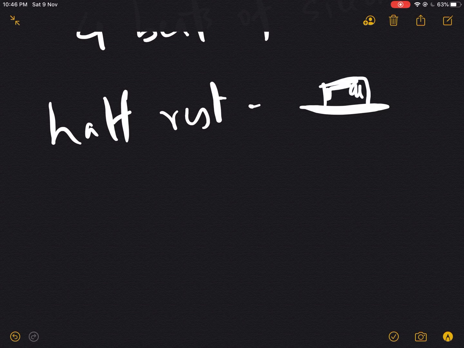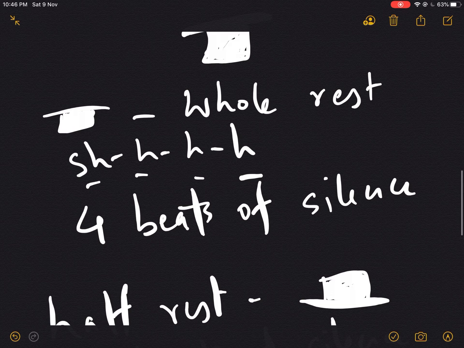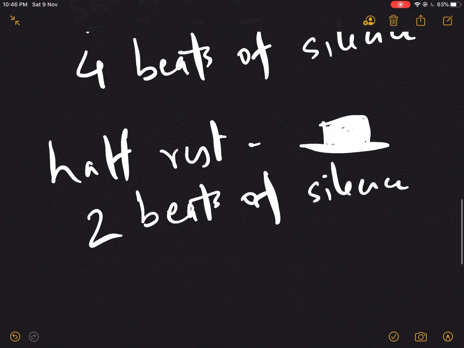We color this one up. It looks like a regular hat that you put over your head. The half rest equals 2 beats of silence. I don't think I had put it in the previous video, I must have forgotten, but this is what the half rest is. So the whole rest is 4 beats of silence, the half rest is 2 beats of silence.